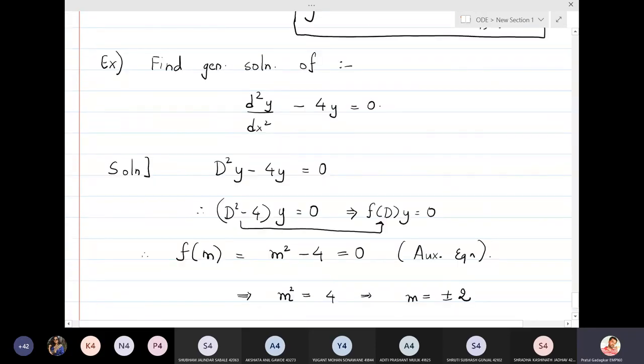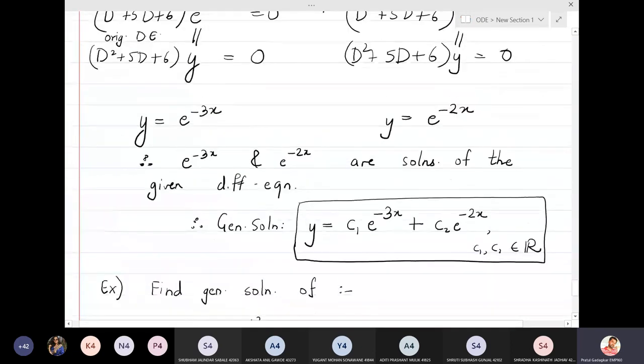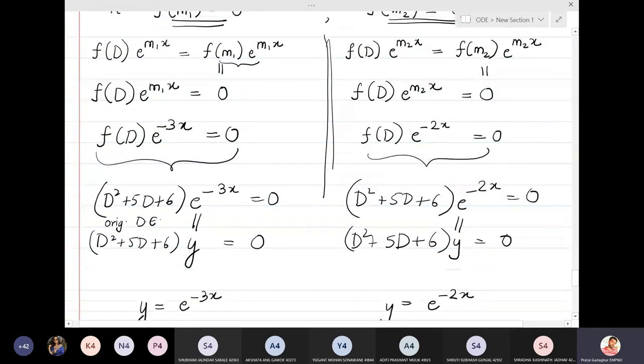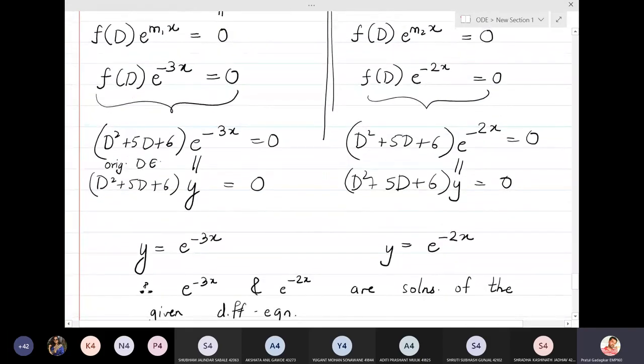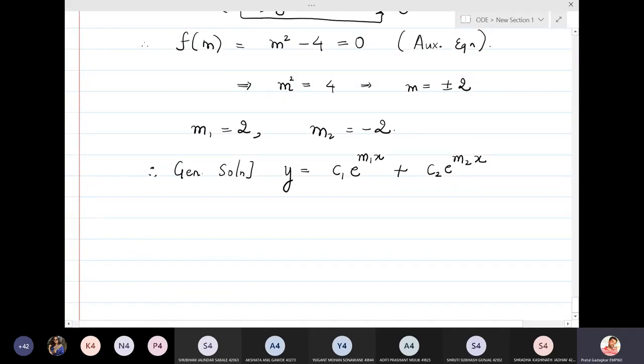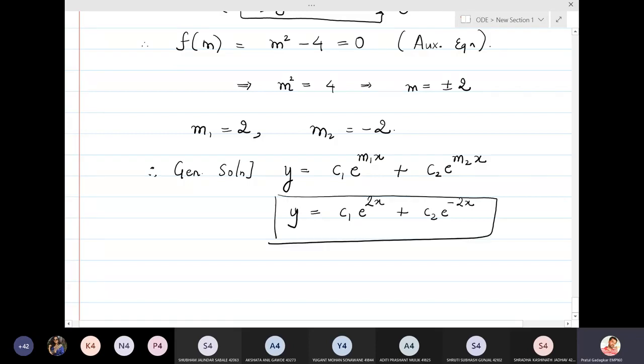This came because we have observed something already before, that this always holds true. This is the base of that thing, and therefore my quick answer is that y is equal to c1 e power 2x plus c2 e power minus 2x. Okay, so this is the quickest way that I'm going to get the solution.